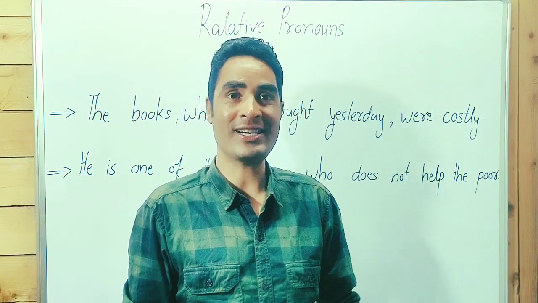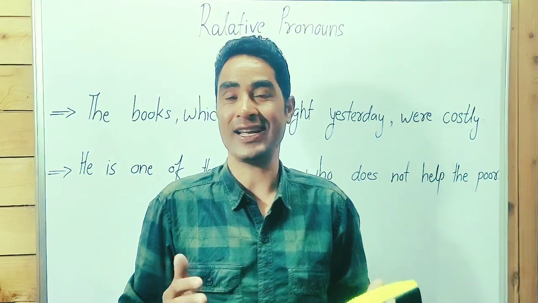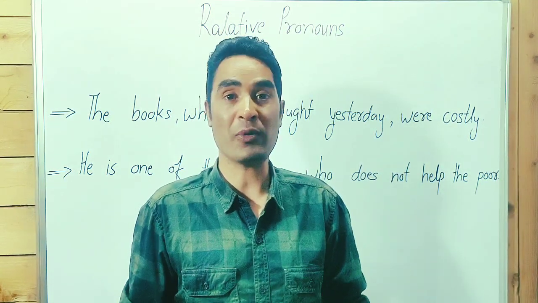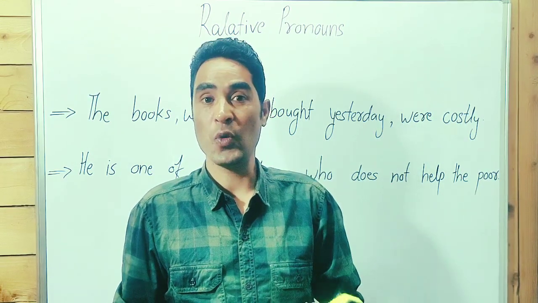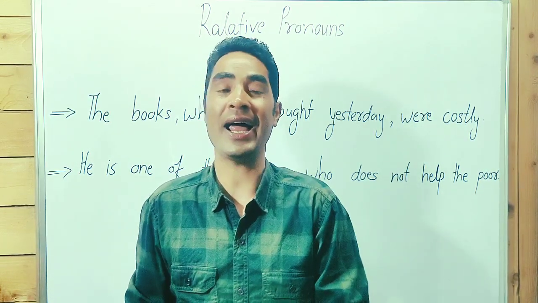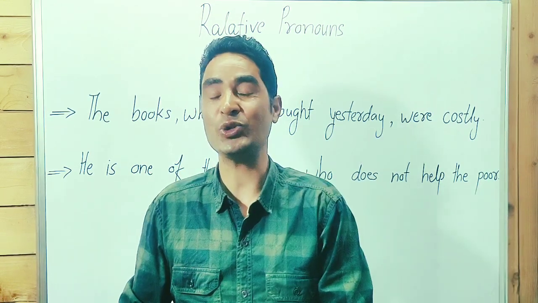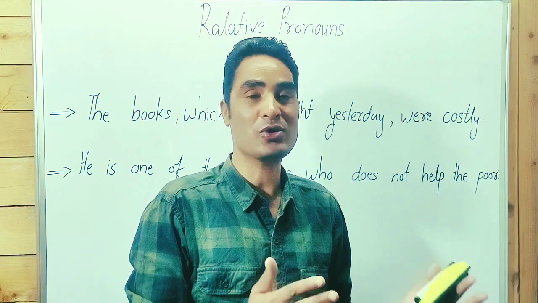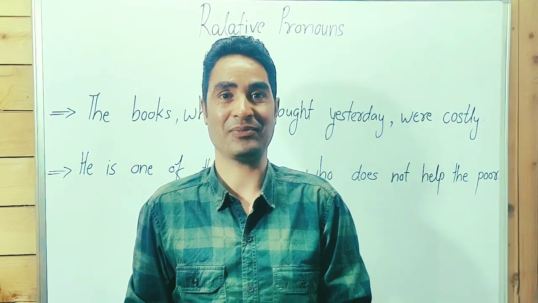I also gave you an overview of orders: when two or more pronouns of different person are used together in a sentence, we have to write them in a sequence, 1 2 3 and 2 3 1. When do we use 1 2 3 order and when do we use 2 3 1 order?